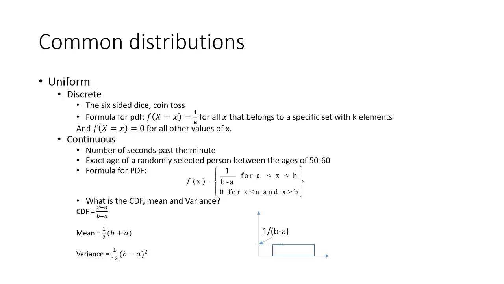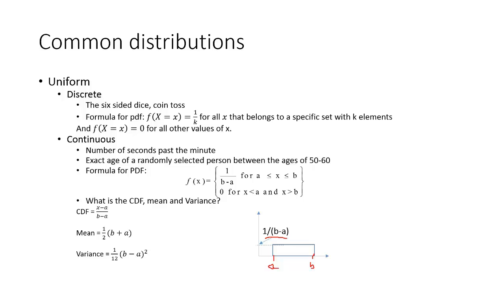So the idea here is that this is essentially a, and this is essentially b, and as you can see in the graph, the probability between a and b is uniform. And just like in the discrete case, if this distance is b minus a, then the probability is 1 by b minus a, right?